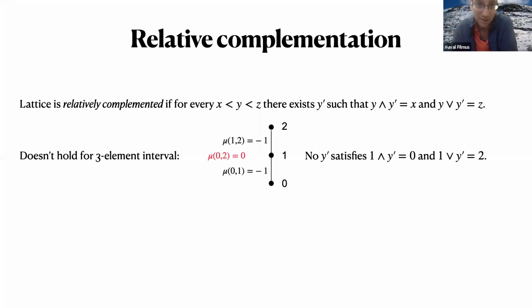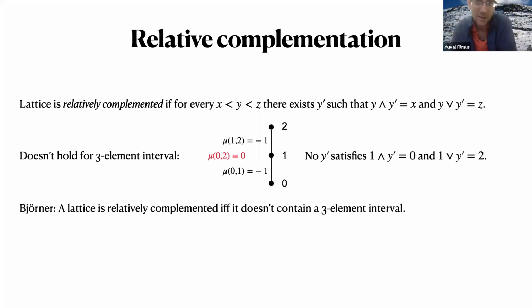You can easily see that this 3-element interval is not relatively complemented, because 1 doesn't have a complement with respect to the interval 0, 2. This explains the name relatively complemented. And Birkhoff showed that a lattice is relatively complemented if and only if it does not contain a 3-element interval.